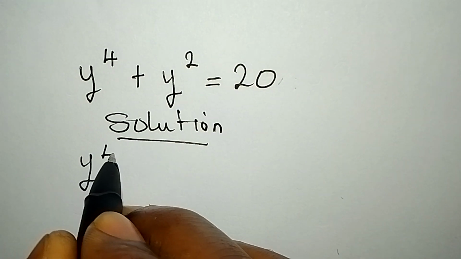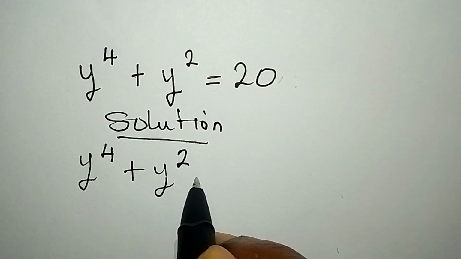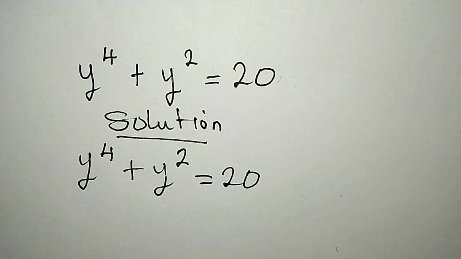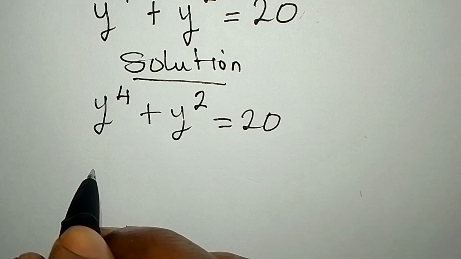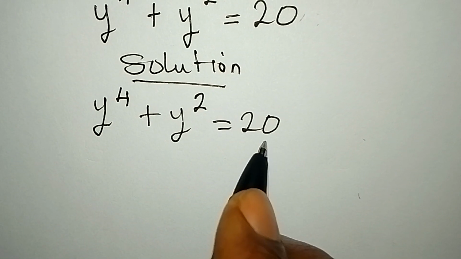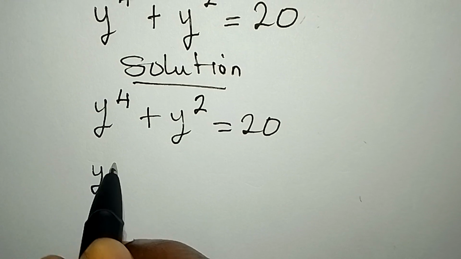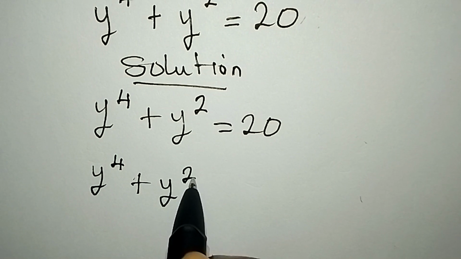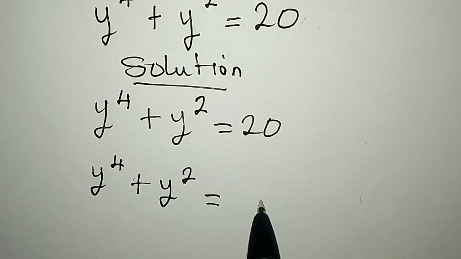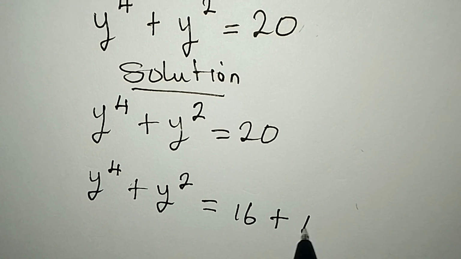y to the power of 4 plus y to the power of 2 equals 20. We are looking for the value of y. So what do we do? We're going to express 20 in this form: y to the power of 4 plus y to the power of 2 equal to 16 plus 4.